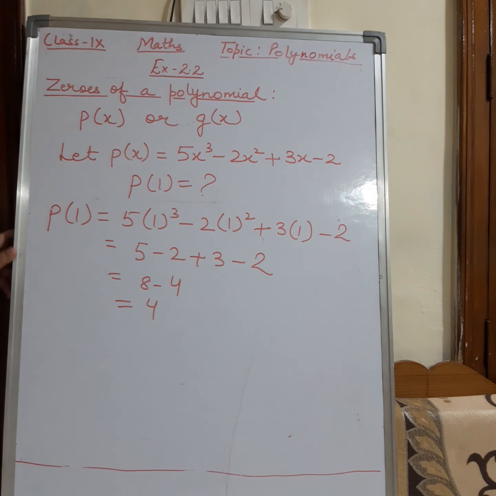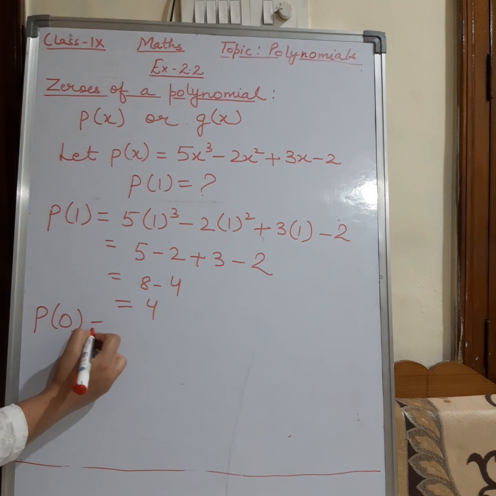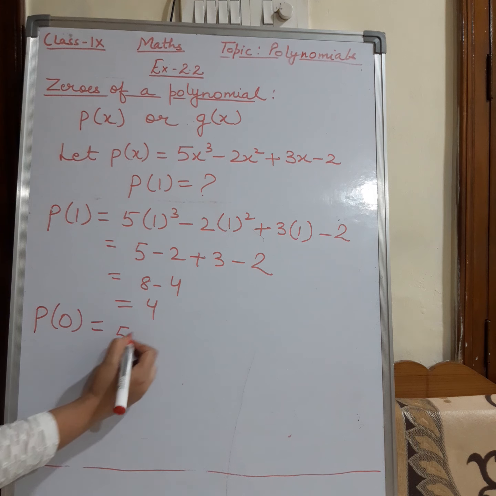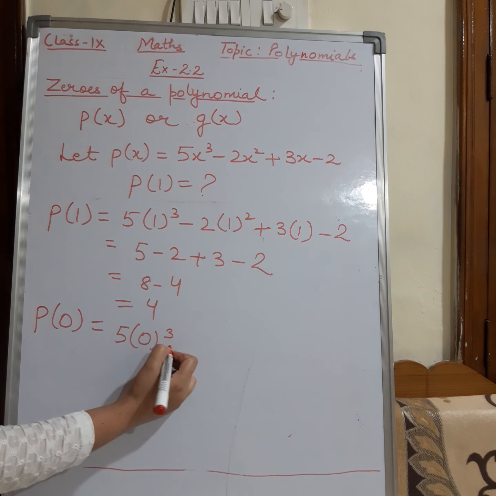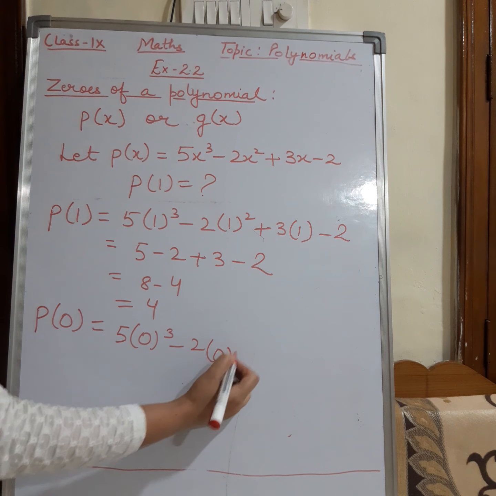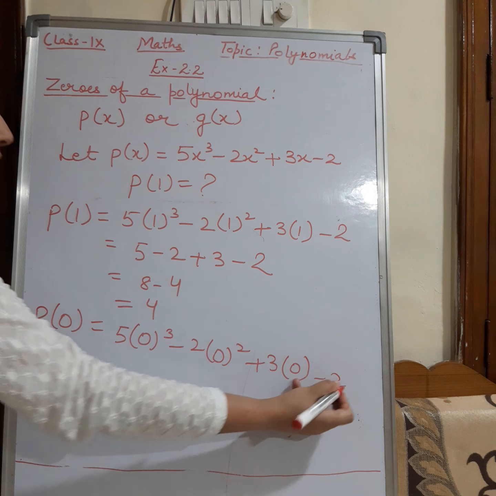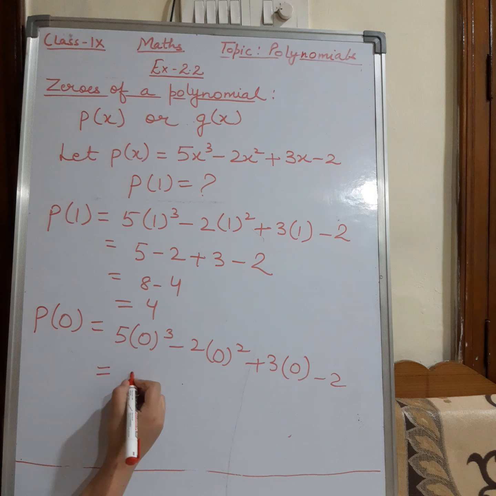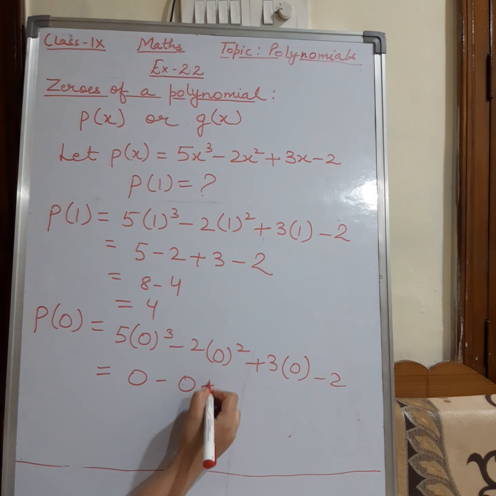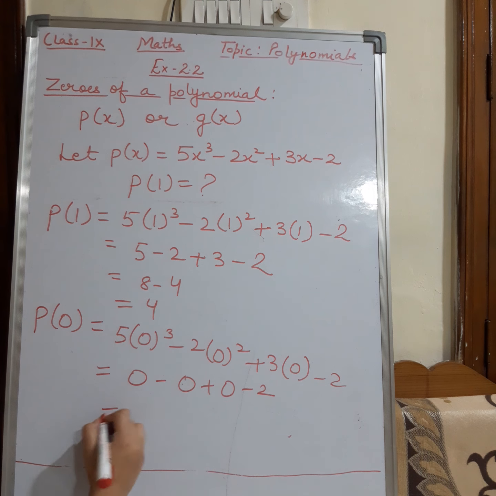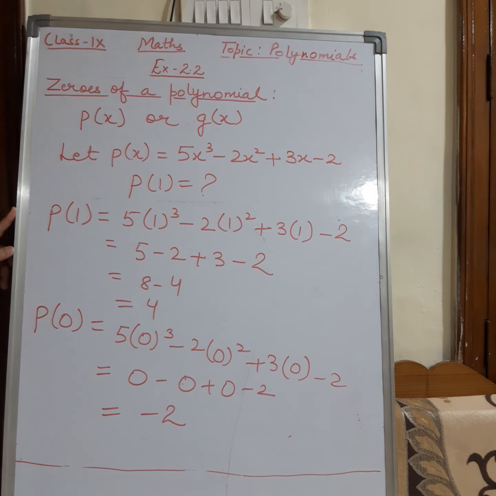Similarly, if I ask you find p of 0, it will be 5 into 0 cube minus 2 into 0 square plus 3 into 0 minus 2. So it will become 0 minus 0 plus 0 minus 2. So the answer is minus 2. So this thing is called the value of a polynomial at a given point.